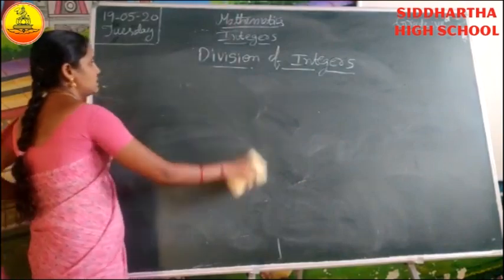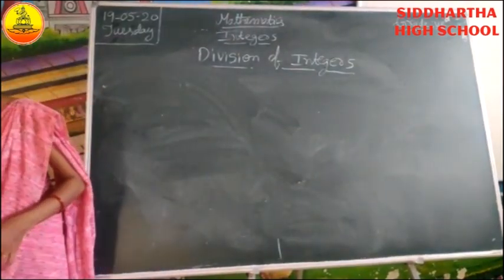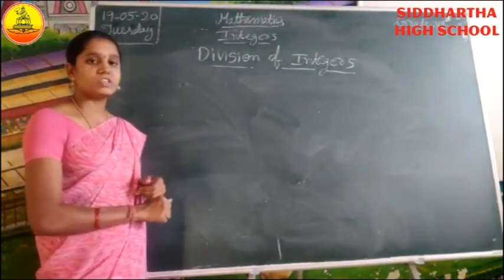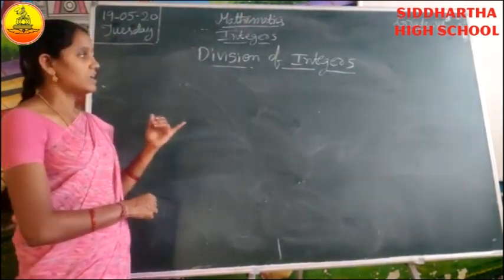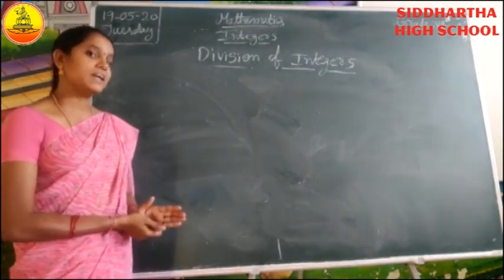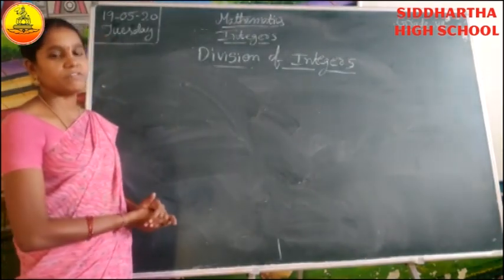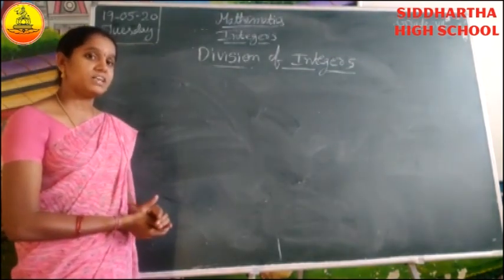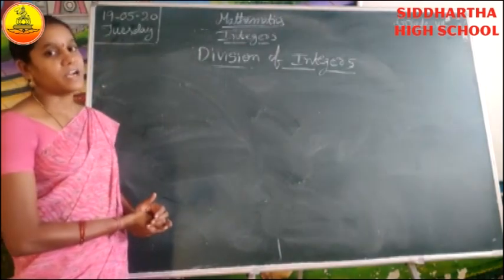Today we have discussed division of two integers also. Whenever we divide a positive integer by a positive integer, the result will be a positive integer. If we divide a positive integer by a negative integer, the quotient will be a negative integer. If we divide a negative integer by a positive integer, the quotient will be a negative integer.